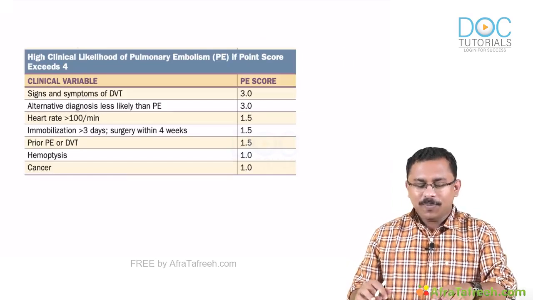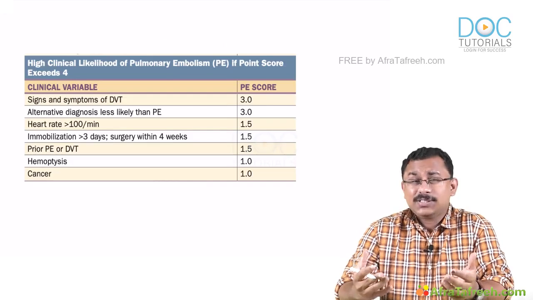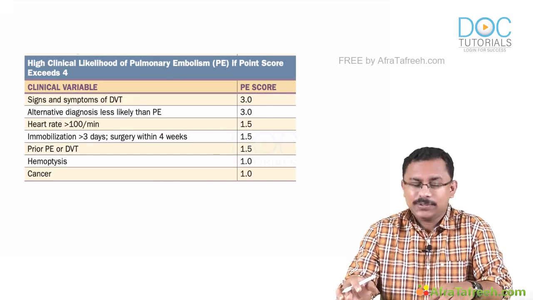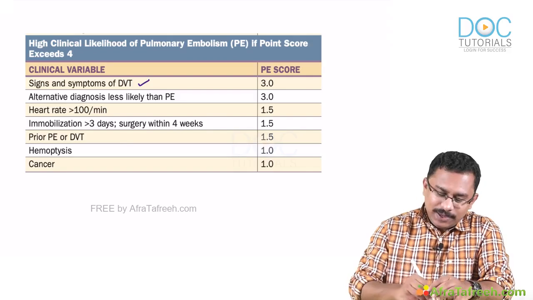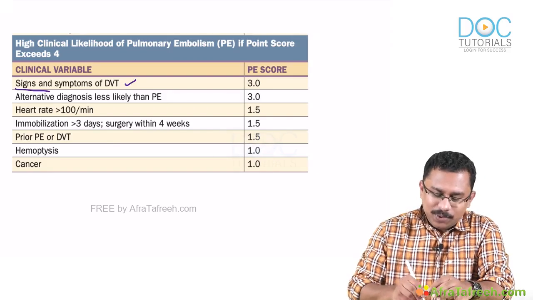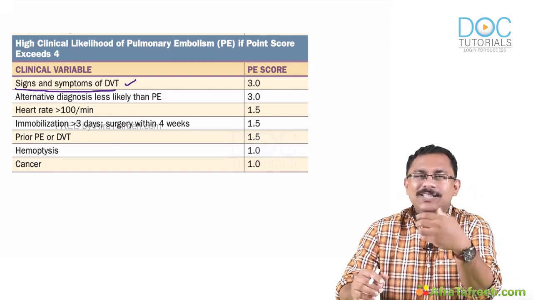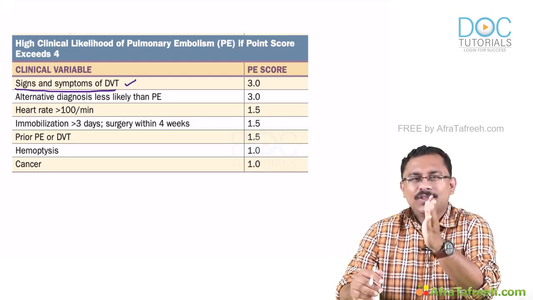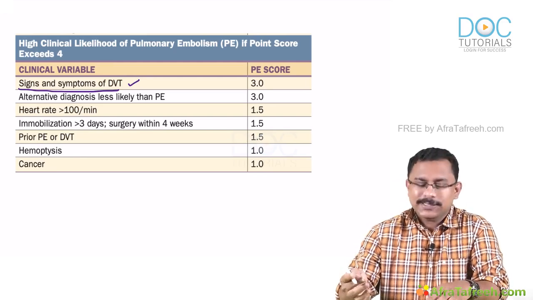So what are the components? This is just a rough guide that helps us to determine the probability of pulmonary embolism in the current episode. So the components are: number one, signs and symptoms of DVT. If a patient develops an acute onset breathlessness, chest pain, tachypnea, tachycardia, hypotension, all in the setting of a deep vein thrombosis, then the probability is naturally high because he is definitely having a predisposing factor.